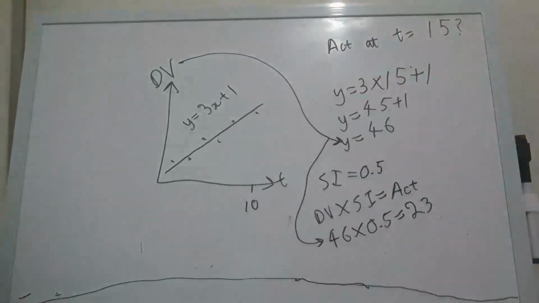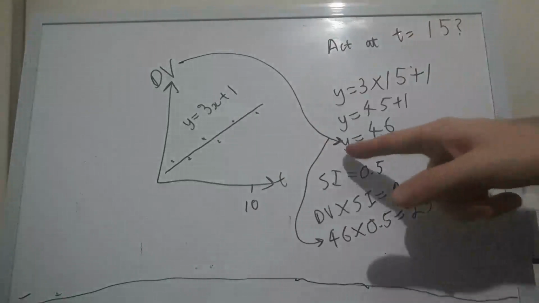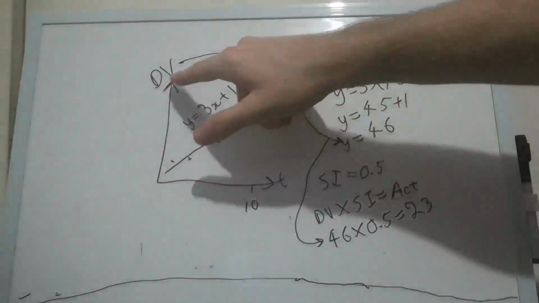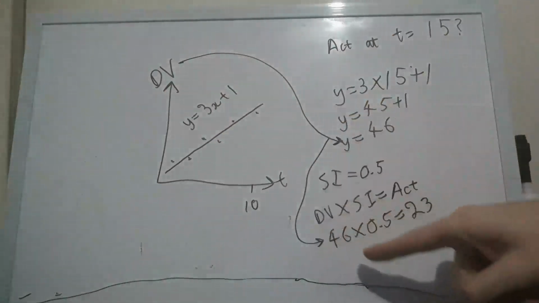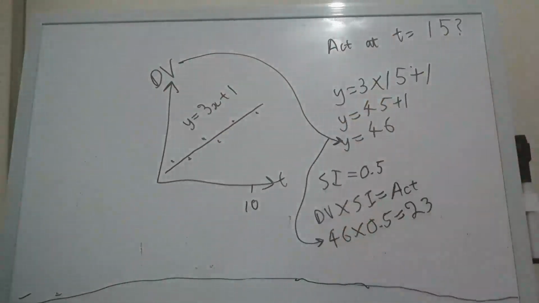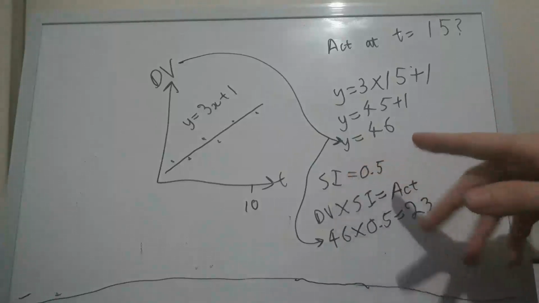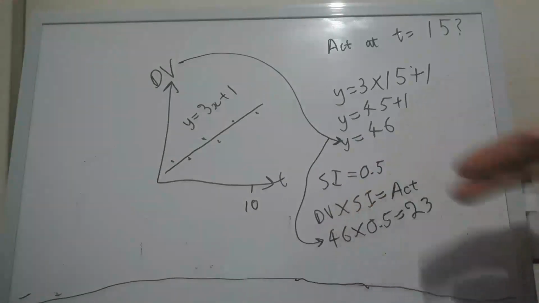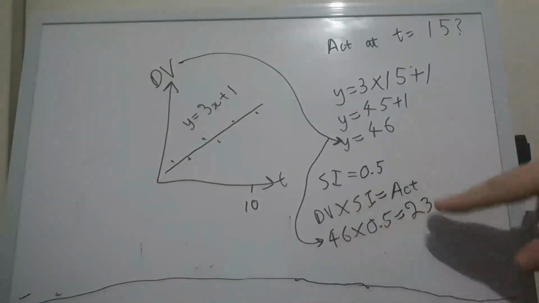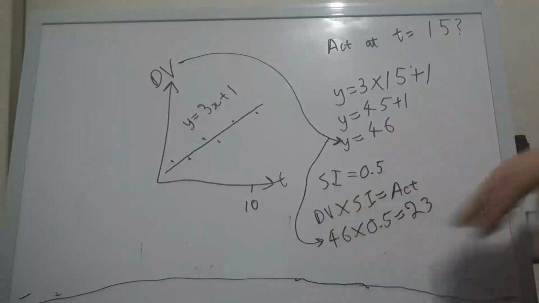In this case, that's not what we're doing. Any output you get will be whatever you've plotted, which in this case is a deseasonalised value. So you want to re-seasonalise that to get it back to an actual value. Somewhere in the question there will be information which gives you the seasonal index. Multiply the deseasonalised value by your seasonal index, and in this case, with 46 and 0.5, you'll get 23.